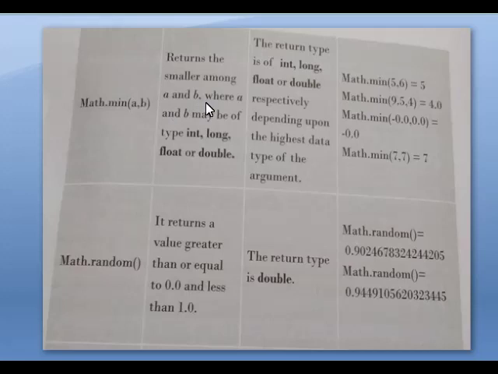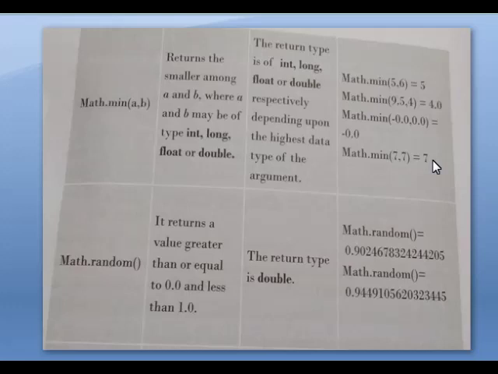See, math.min of 5 comma 6, the smallest value is 5. Math.min of 9.5 comma 4, so 4 is the minimum value. Here the negative value is the minimum value. If two values are the same, we take any one value.